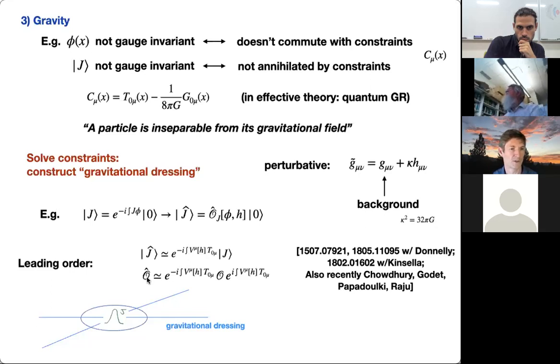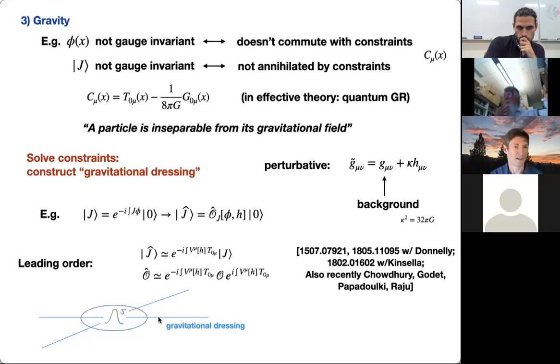And likewise, the dressed operator is gotten by conjugating the original operator by a similar expression. That's been worked out in detail in these references, both in flat space and AdS. And in fact, these functionals, the dressings, are not unique. There are many possible choices corresponding to different gravitational fields we could put around a given, say, excitation.